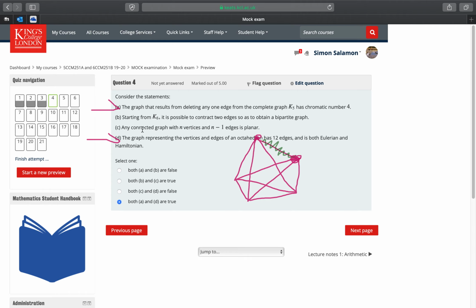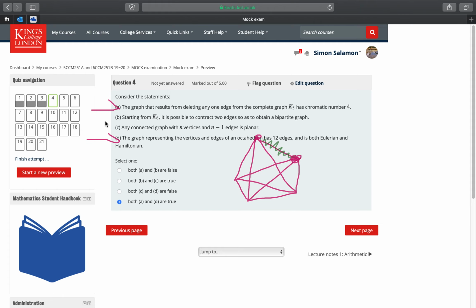What about the others? What about B? Well, B is definitely false because if you contract two edges, you're still going to have 3 cycles. And bipartite graph, that's a fairly strong condition. It means you can colour it with 2 colours. And even if you contract 2 edges and combine vertices, it won't become bipartite.